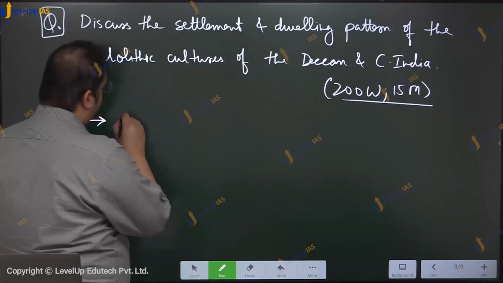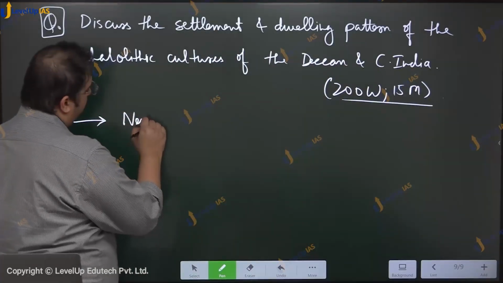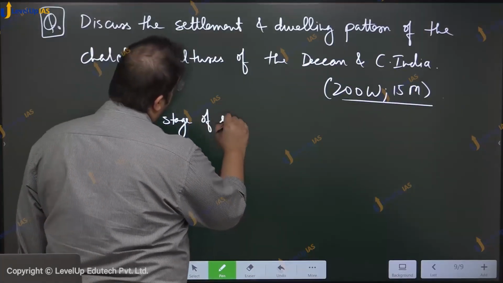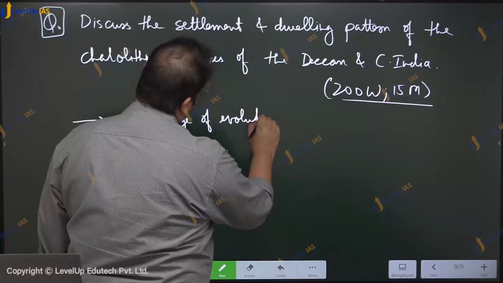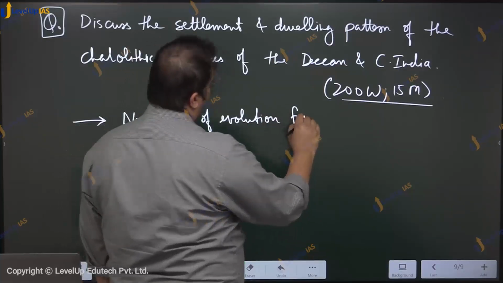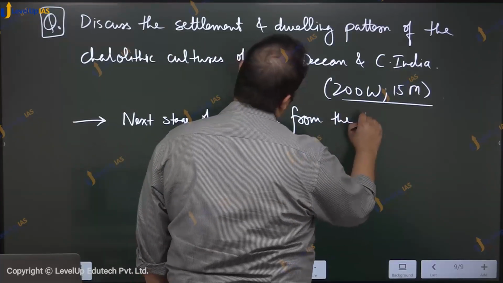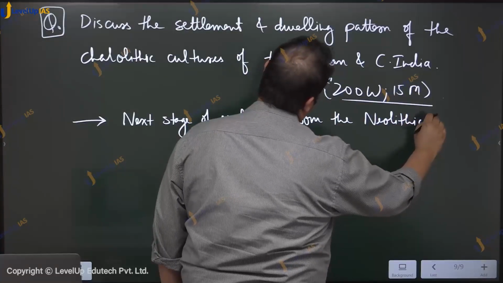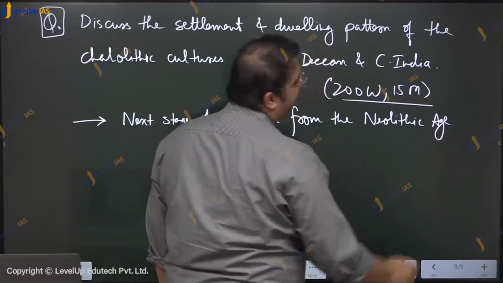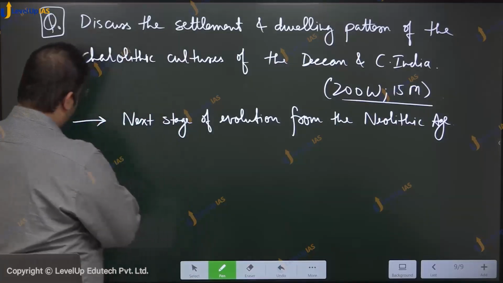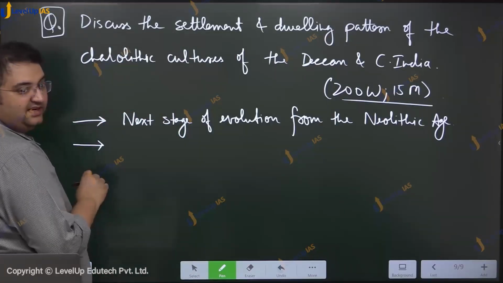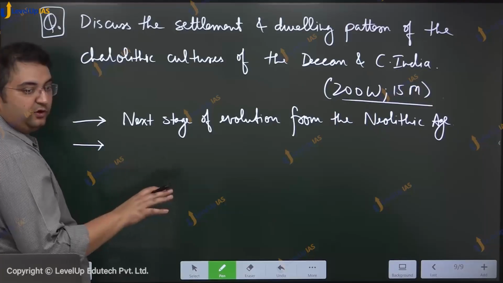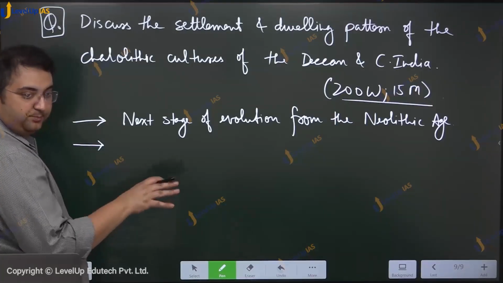That they represent the next stage of evolution from the Neolithic age, but these settlements and the dwellings were nowhere close to the level of sophistication of the Harappan civilization.